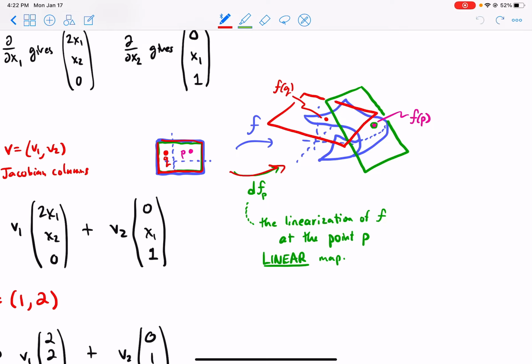These will be tangent planes to our curvy surface, and they will be tangent at different points, either f of p or f of q, depending on if you linearized at p or at q. Taking the derivative of f at the point q would be represented in our picture as that red plane.